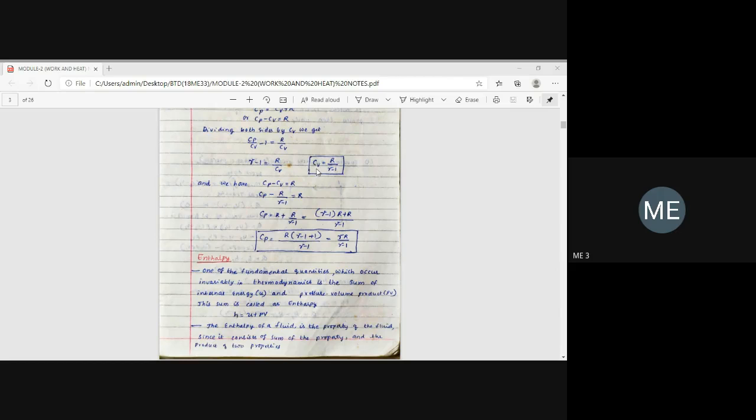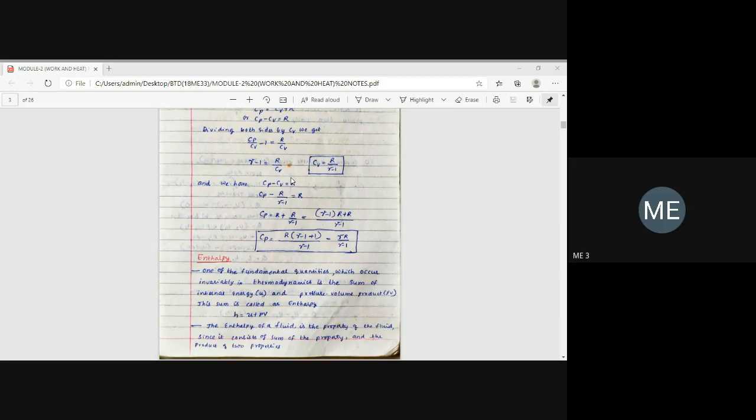Like that, we can find the expression for Cp. How are we going to find it? Cp minus Cv equals R, the standard formula. This is the most important equation: the difference of specific heats is the gas constant.